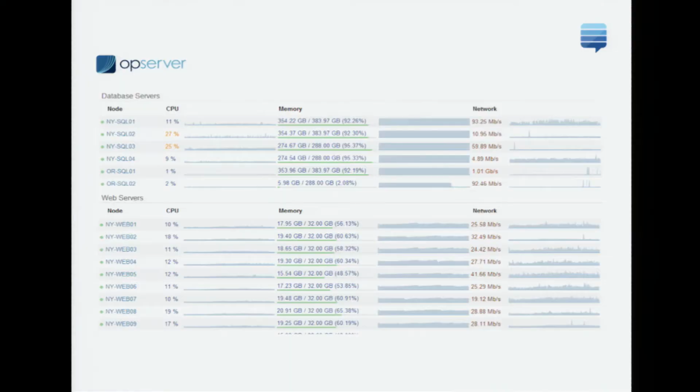And not only that, but this is our status board. Of course, it's not live because this is just a slide. But as you can see, our databases and our web servers are really working below capacity. Everything is going around 10%, 15%, 20%. The 2 SQL servers that you see here which are orange, it's because we set the limit very, very low, around 20%, where we start receiving warnings.